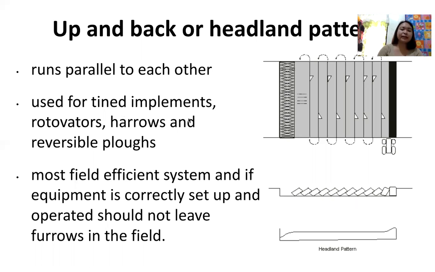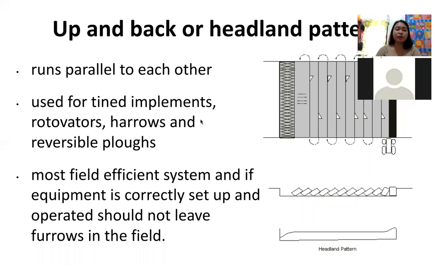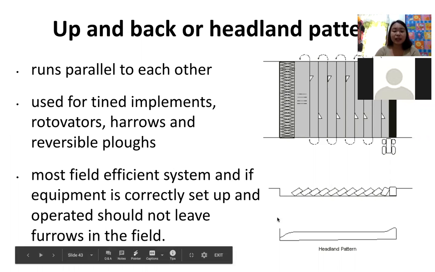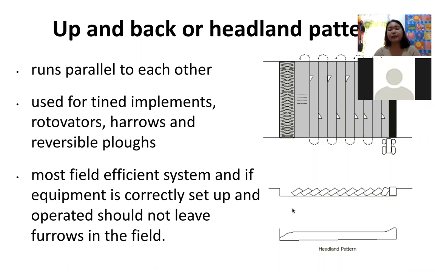It is used for tying implements, rotovators, harrows, and reversible plows. It is the most field-efficient system, and if equipment is correctly set and operated, should not leave furrows in the field. So this is also very efficient if the equipment is correctly set up.